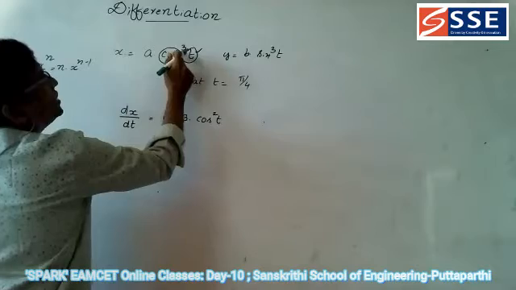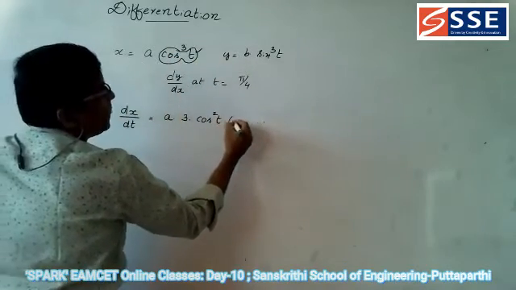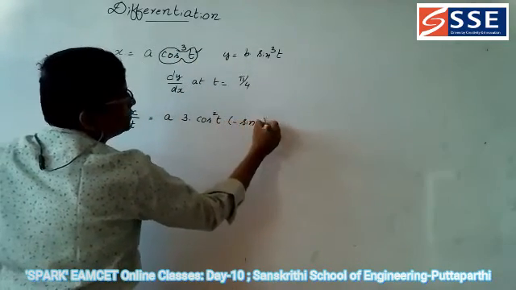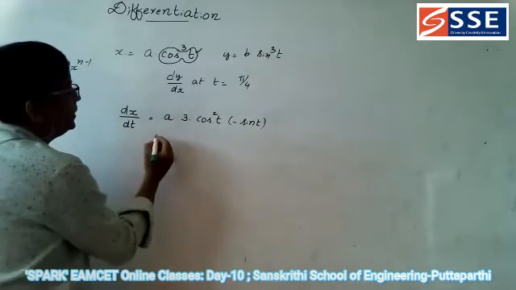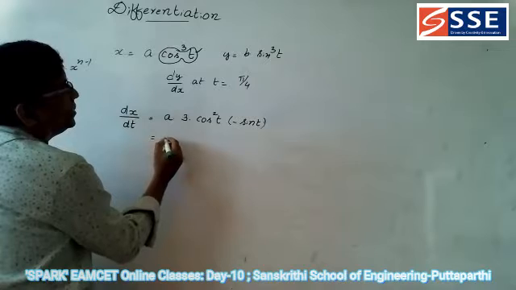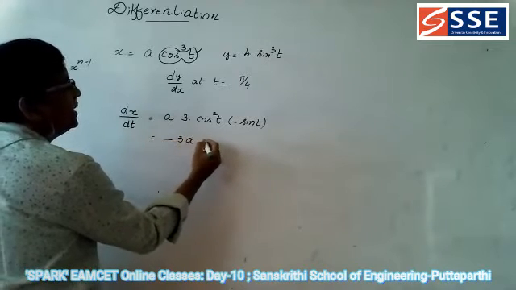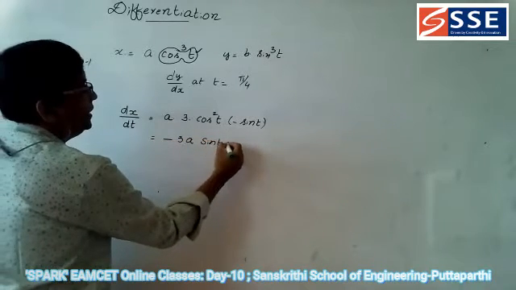Again, differentiation of cos t is equal to minus sin t. Now if you simplify it, what we are going to get? Minus 3a sin t cos square t.